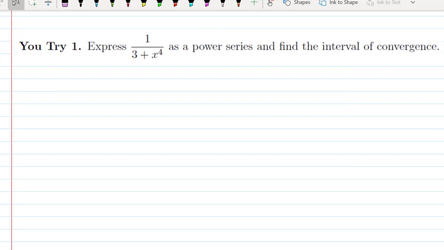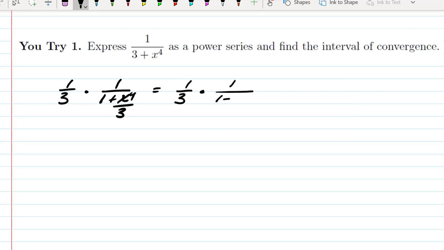All right, so the first thing we need to do for this is factor out the 3 from the denominator, giving us 1/3 times 1 over 1 plus x to the 4th over 3. And then we rewrite our positive as a minus a negative, so 1 minus negative x to the 4th over 3.